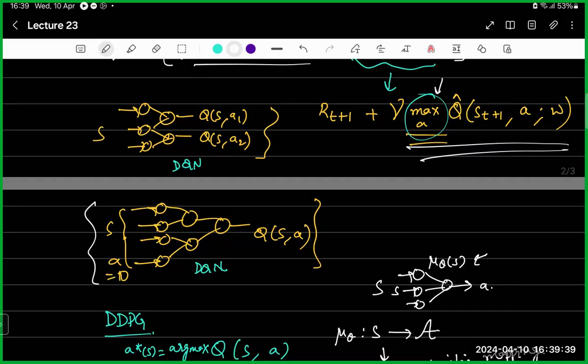So the first type of architecture is not possible here, but the second type of architecture is possible. You input your state and action features, and then you get your output. Any doubts in this part? One thing to note is that DDPG is useful only for continuous action spaces. It's not useful for discrete action spaces.